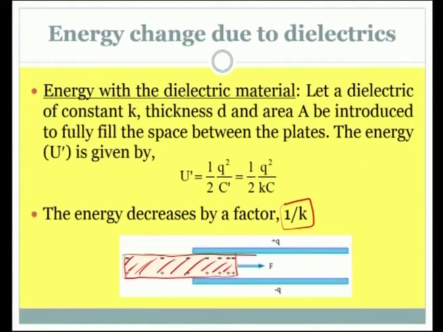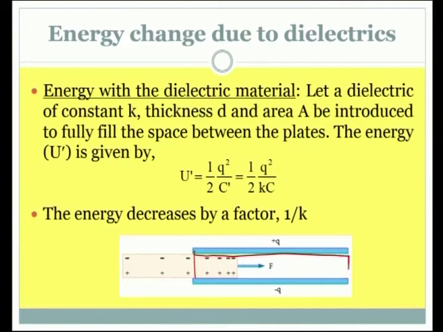So, it tries to move inwards and fully occupy the space. This is the later stage. This is how the dielectric material will get pulled inwards. It will completely occupy the space between the two plates. Finally, how will it exist? It will completely occupy the space like this.